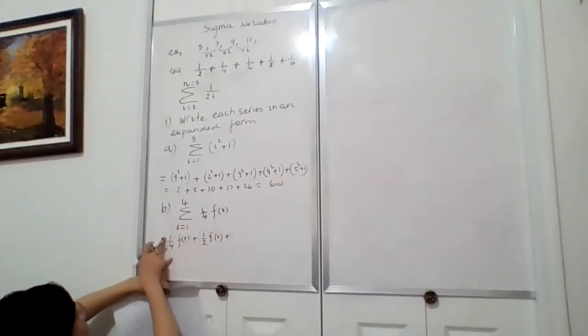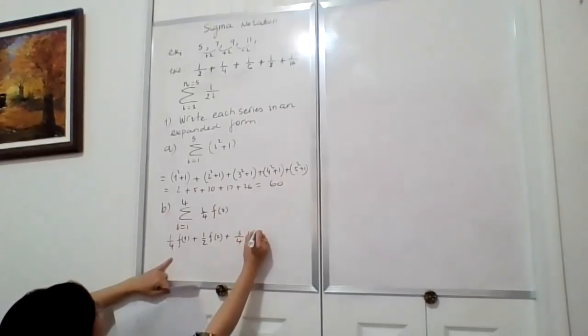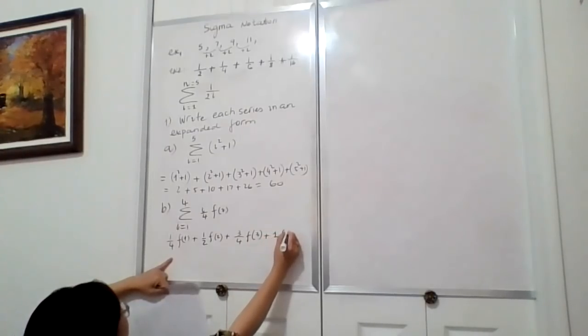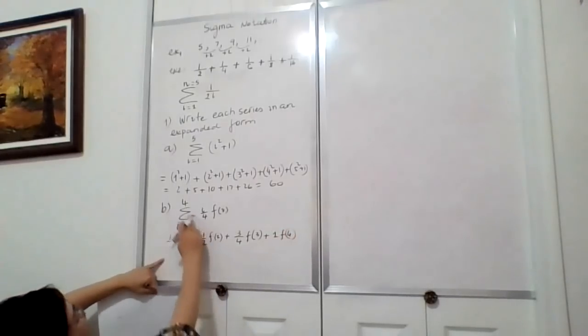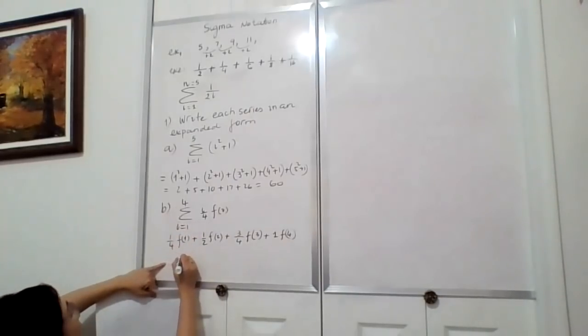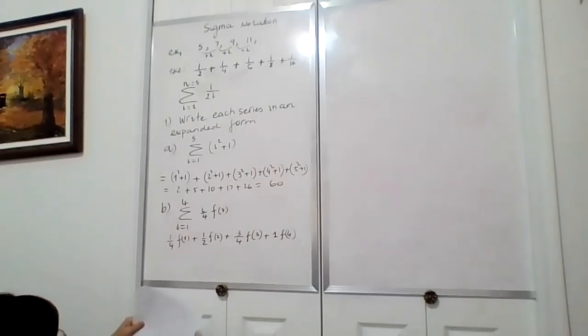So 1 over 4, and then 2 over 4 is 1/2, f of 2, and then 3 over 4, f of 3, adding with 4 over 4, which is just 1, f of 4. Right? Okay. And how many terms should we have? 1, 2, 3, 4 terms. So that will become, I think that's it. We're not going to summarize it.